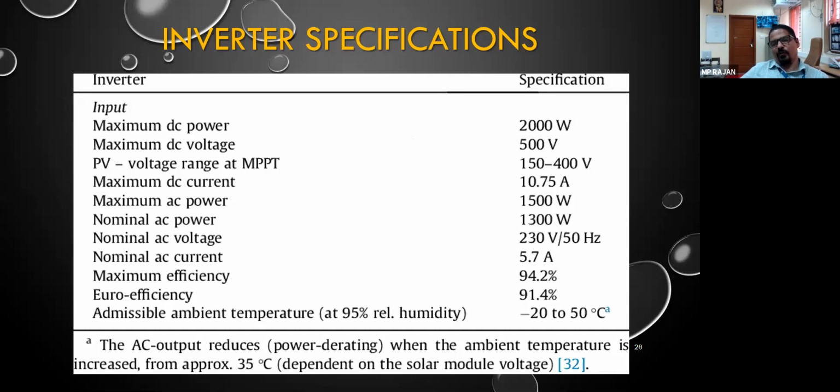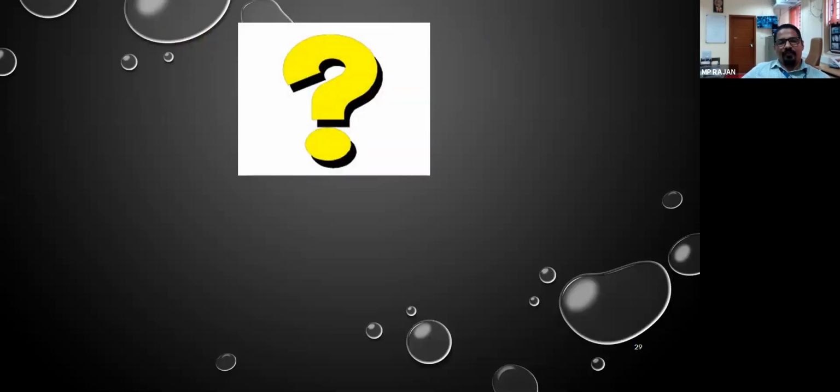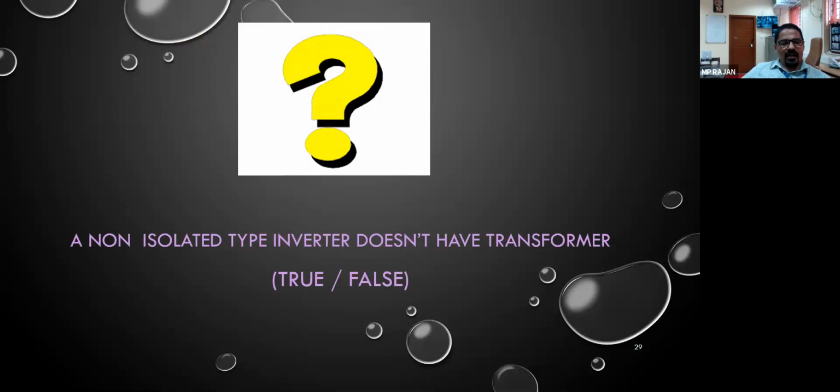In the same way, there should be a factor of safety. So your inverter should be suitable for facing the highest possible voltage and current. Nominal AC current is 5 ampere, but the maximum current is 10.7. Also the number of MPPTs available is given. Some other data will also be available. So that is about the inverter.